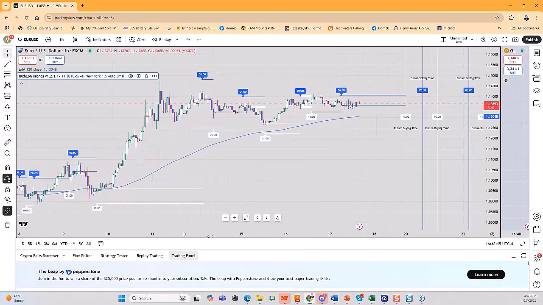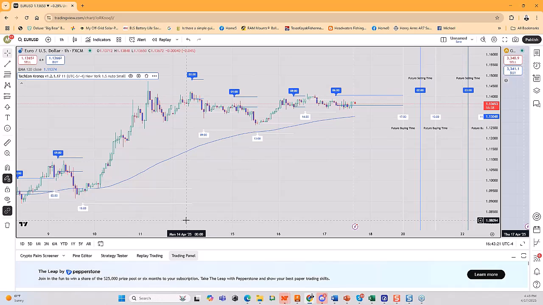Now remember, it's not going to work 100% of the time. If we knew with 100% certainty when the euro would go up or down, the market would cease to exist because everyone is buying and everyone is selling at the same time. Amplitude and swing strength are the same thing, NinjaTrader to TradingView.